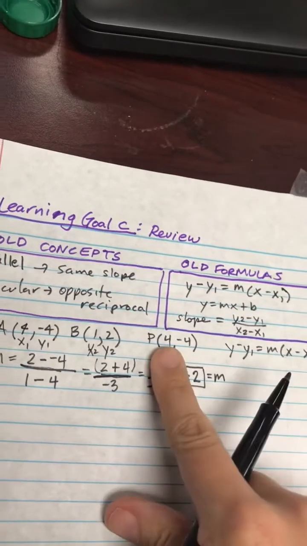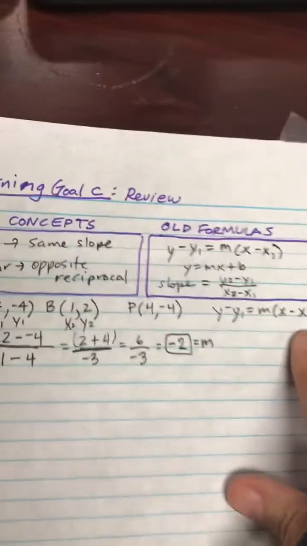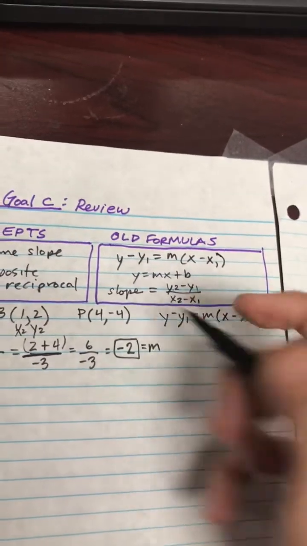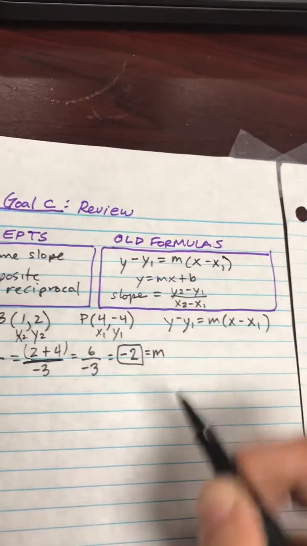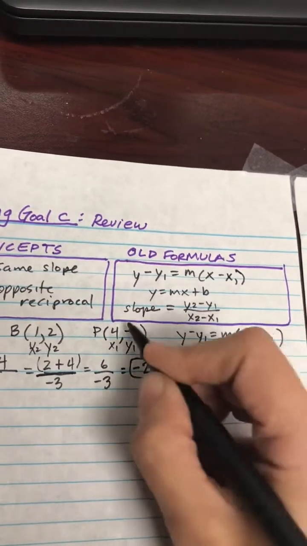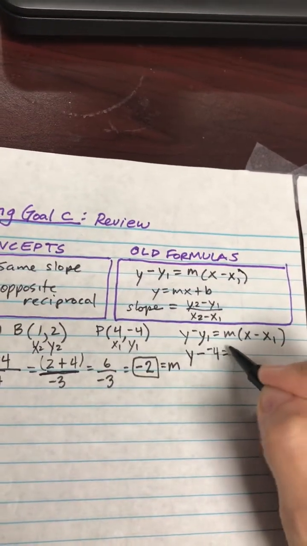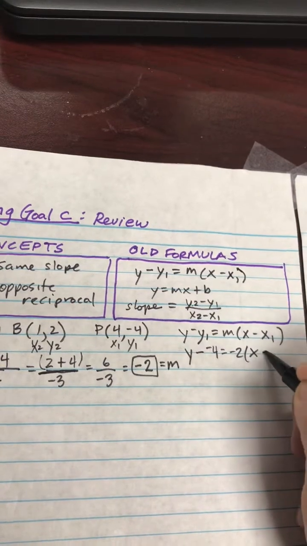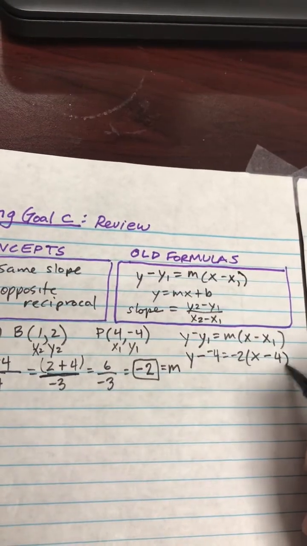I've been given a new point, so I'm going to call that point x1 and y1. Wow, it's been a long time since we did a question like this. So I do y minus my y coordinate, which is -4, slope, x minus my x coordinate, which is 4.